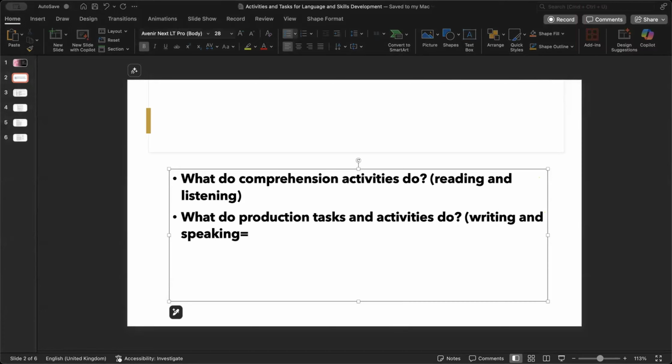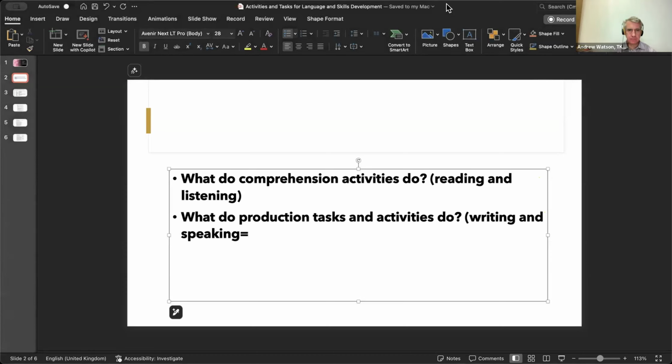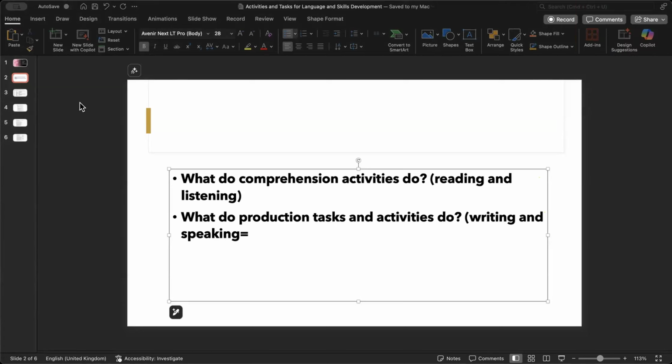But Professor, what you said, I have a question. In the first one, what do comprehension activities do? It only applies for reading and listening. Yeah, like a student couldn't show understanding by a written response. Well, that would be a concept checking or form checking question, wouldn't it? Ah, okay. Thank you.